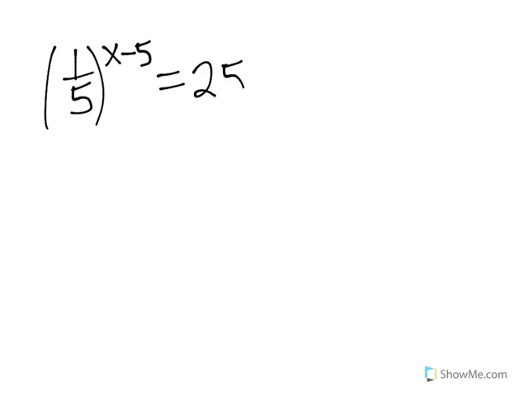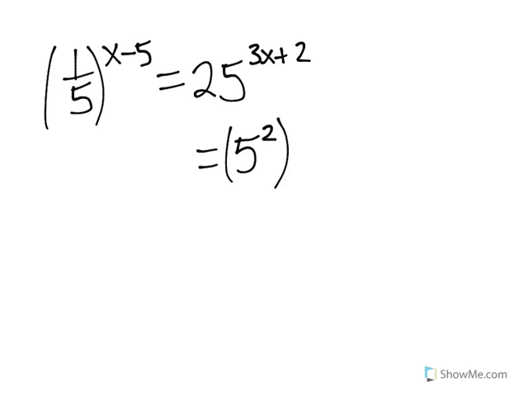Let's do another one that's a little more complicated. Let's say I have 1/5 raised to the x minus 5, and that's equal to 25 raised to the 3x plus 2. Now I know that 25 is the same as 5 squared.